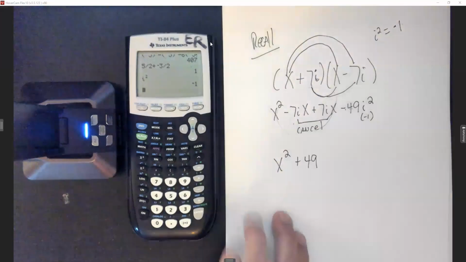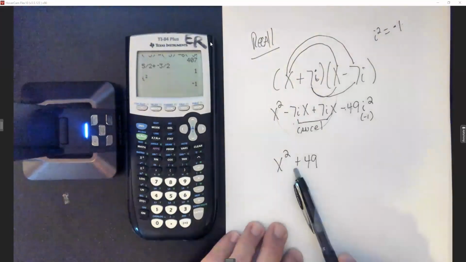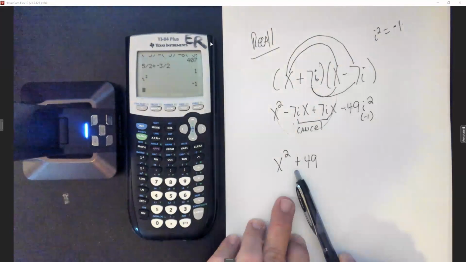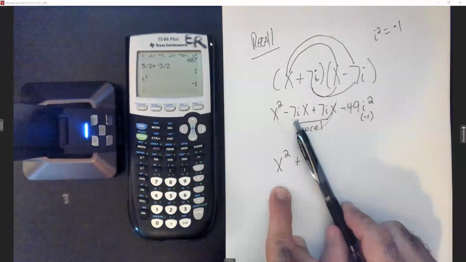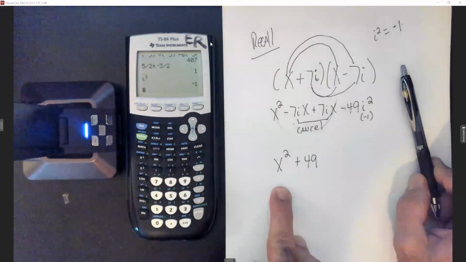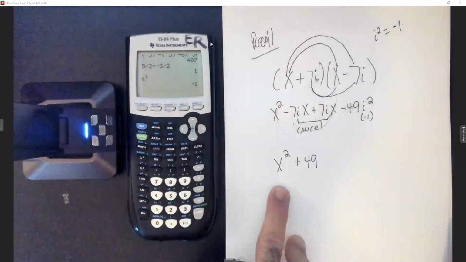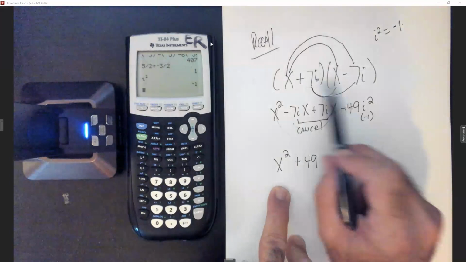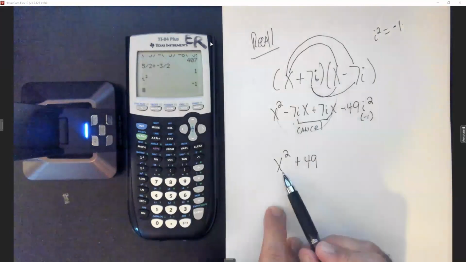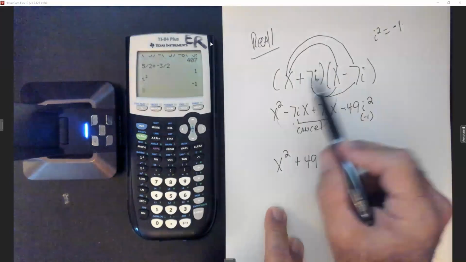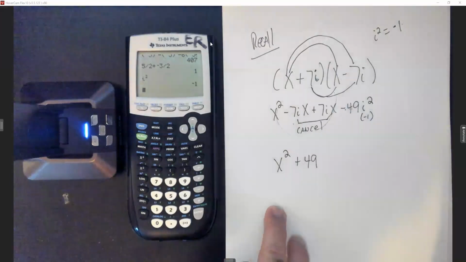So by foiling these imaginary numbers, I ended up with a real number. Imaginary numbers cancel out. Okay? Now, anytime you foil conjugate pairs of imaginary numbers, it'll always end up as an x squared plus whatever that number is, okay?